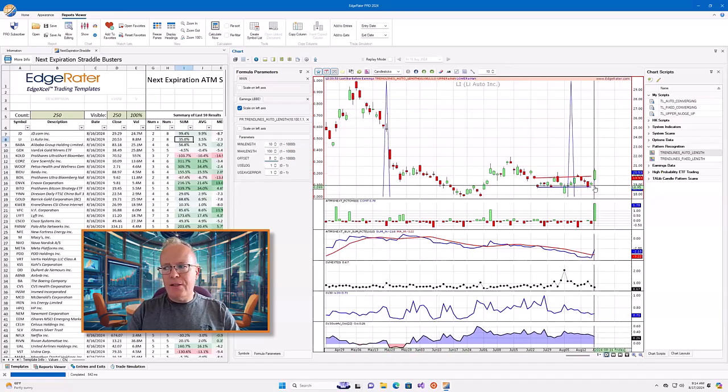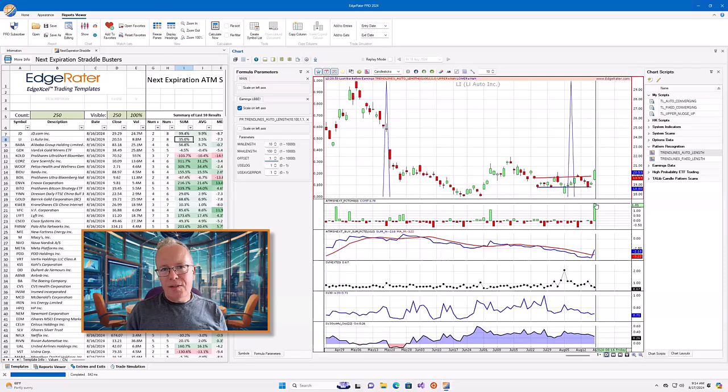One of the key things it's showing down here is that the move that pushed LI above the upper trend line was actually an unexpected move, meaning that the options were not priced for that move. The straddle busting template is all about finding stocks where the price move was not expected by the pricing of options.